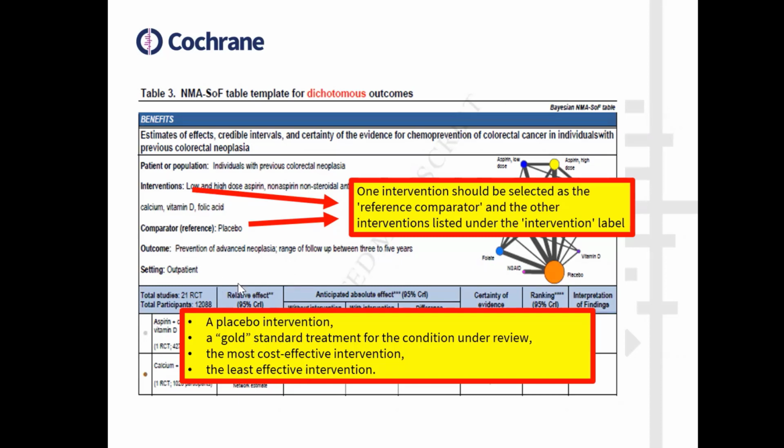But it's good to pre-specify that, because unlike the league tables, you can't show every different comparison. So you couldn't show folic acid versus vitamin D unless you constructed even more summary of findings tables.